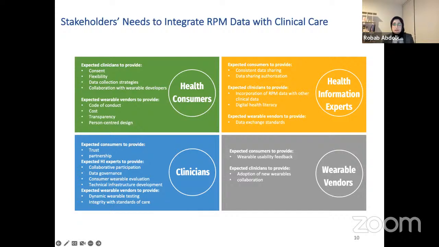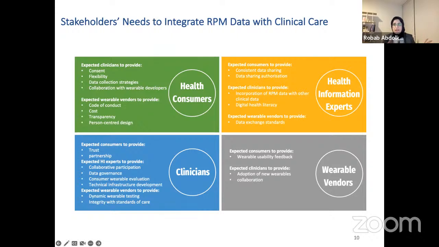And this is a summary of the workshop study. Given that the scope of the study was limited to the quality assurance of the primary use of data, and not other uses, we picked 4 main groups of stakeholders. So in addition to the 3 that already exist, we added health information experts to understand their needs and co-design strategies in order to collect and manage high quality data and integrate them with the clinical workflows.